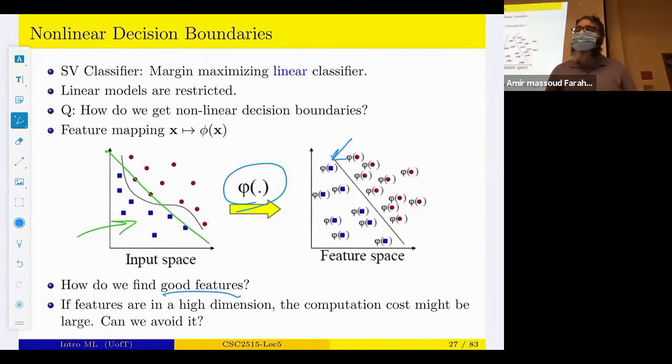So for example, suppose X is two-dimensional, but after mapping, phi of X maybe belongs to R100 if the feature mapping is large enough. That increases the computation cost. And we actually see cases that can be very much larger.